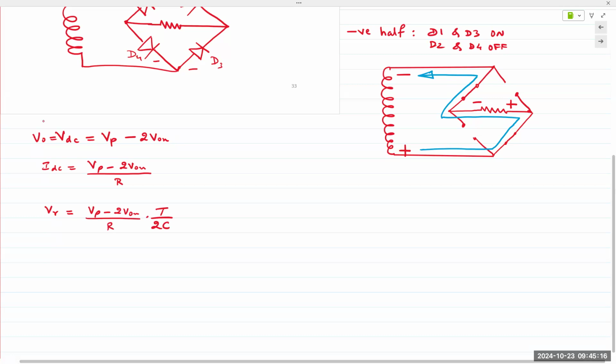Simply IDC times T divided by 2C. Delta T is still the same. It's theta C over omega. And theta C is square root of 2VR over VP.